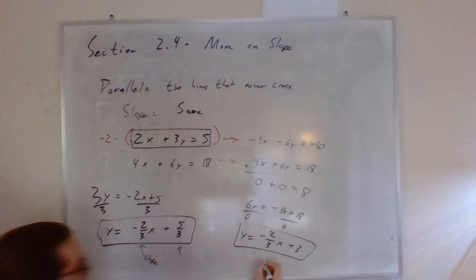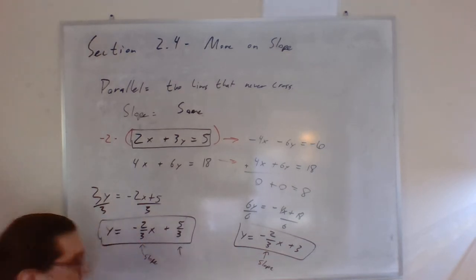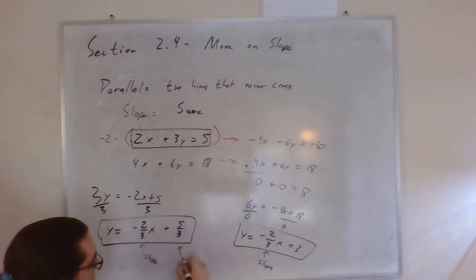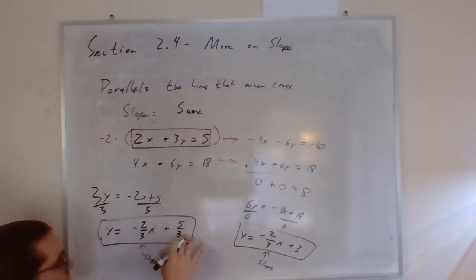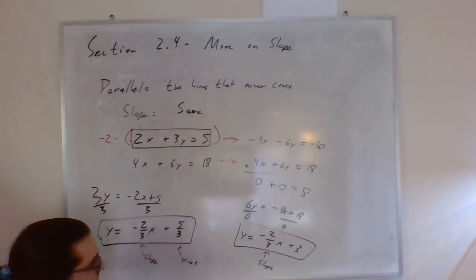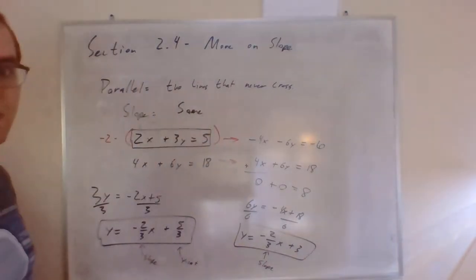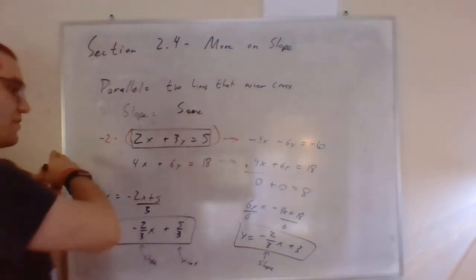So we can see that they do in fact have the same slope. That's the y-intercept. This one has a y-intercept at 5/3, so a little less than 2. This one has its y-intercept at 3. But aside from that, they are perfectly parallel.